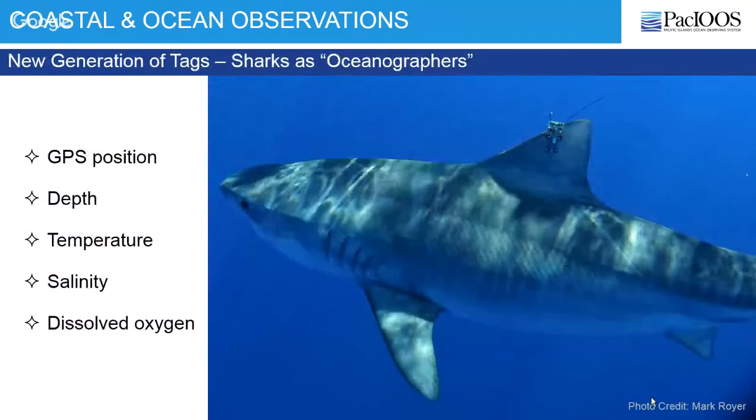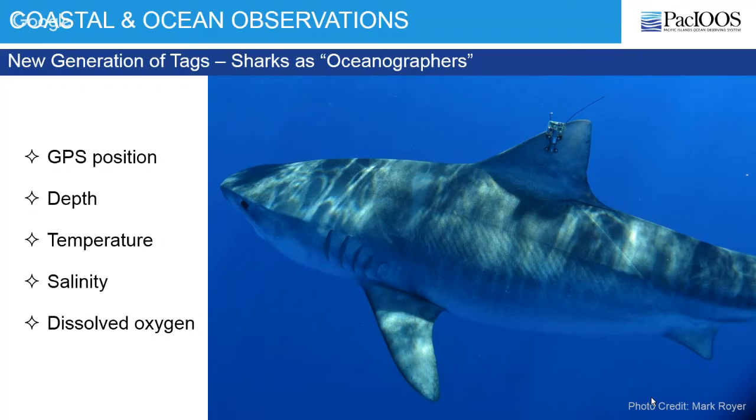We're also working with those same researchers to get the new generation of tags deployed and use sharks as oceanographers. It's a really cool concept because the instrumentation to measure something like temperature, salinity, oxygen gets so small these days that it fits into this mini tag, and you can attach the tag to the dorsal fin.